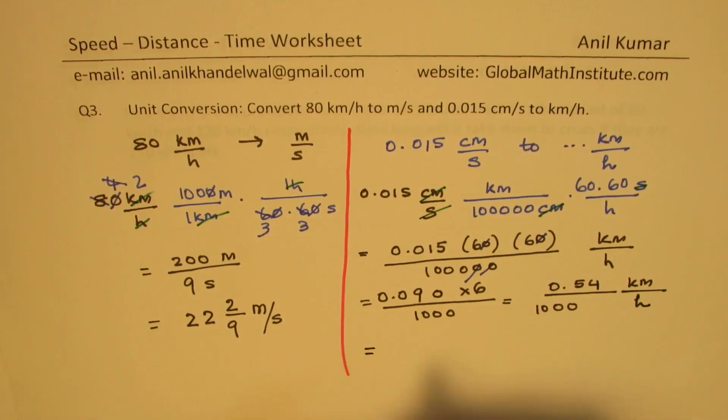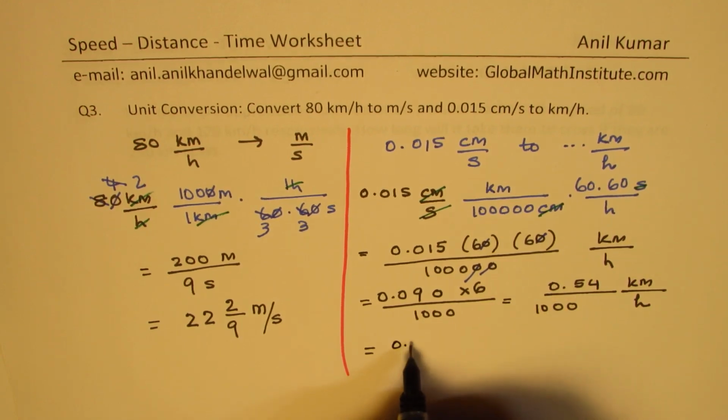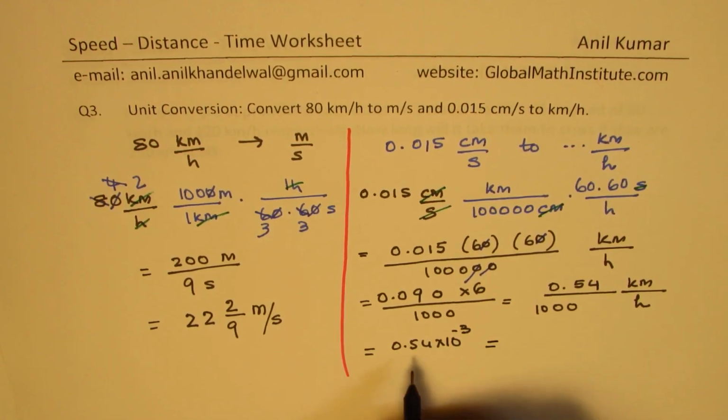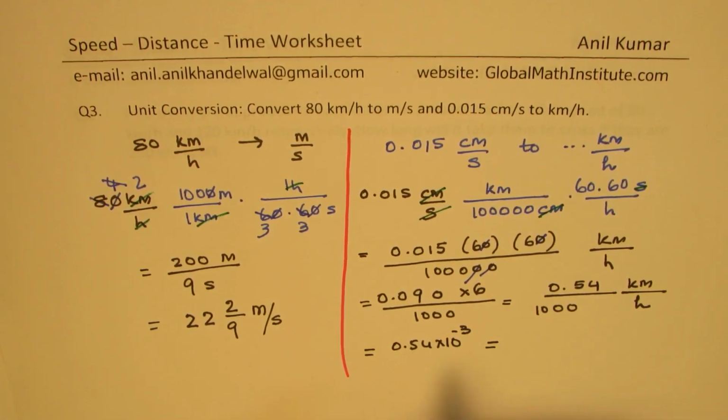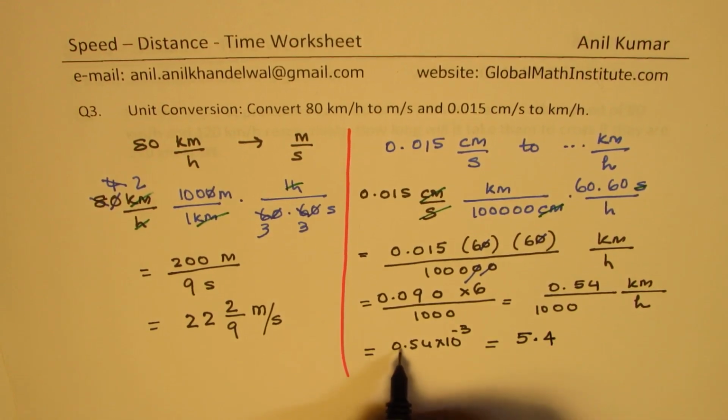So we could now write our answer in standard form, right? So you could say it is 0.54 times 10 raised to the power minus 3, but in standard form or scientific notation, it should be written as 5.4. So we change the decimal, right?